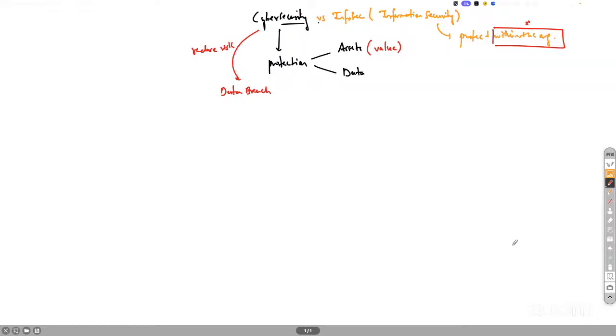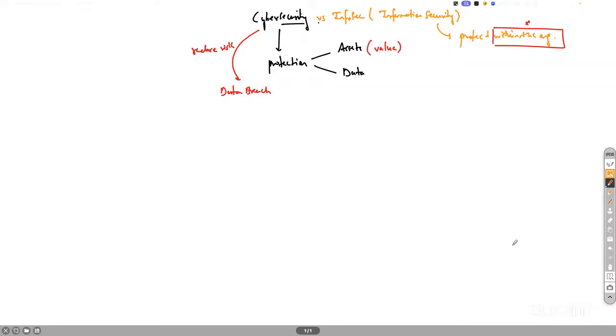Previously, users would access those just within the private data center. Now they are going over the internet and accessing the data in the cloud. So this interconnectivity has also increased the exposure to attacks.